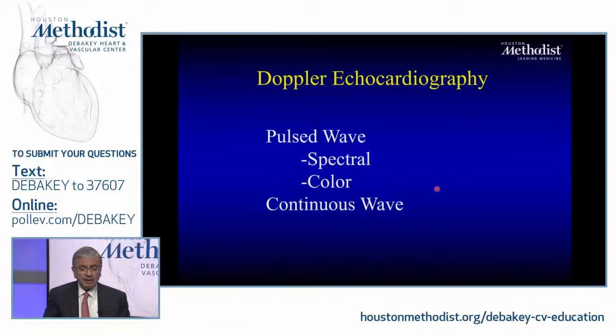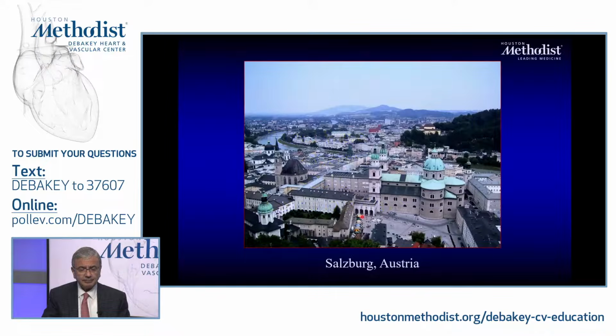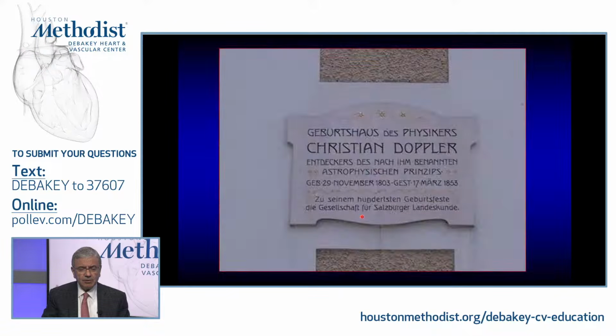Now, Doppler asks a little different question from the same packet of waves that you've sent. And you know very well what the various modes of Doppler are: pulse wave, spectral and color, and continuous wave Doppler. This is Salzburg in Austria, where actually Christian Doppler was born.